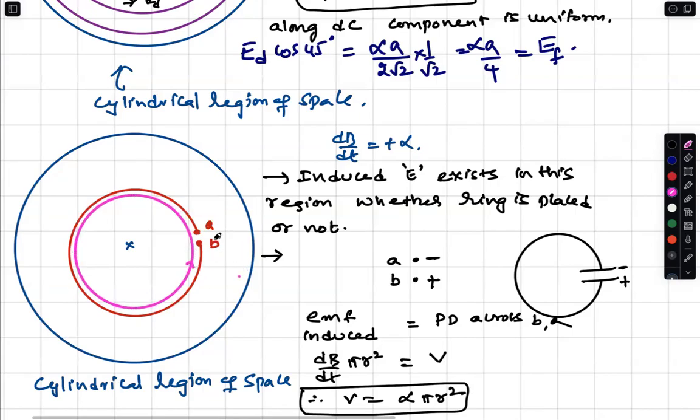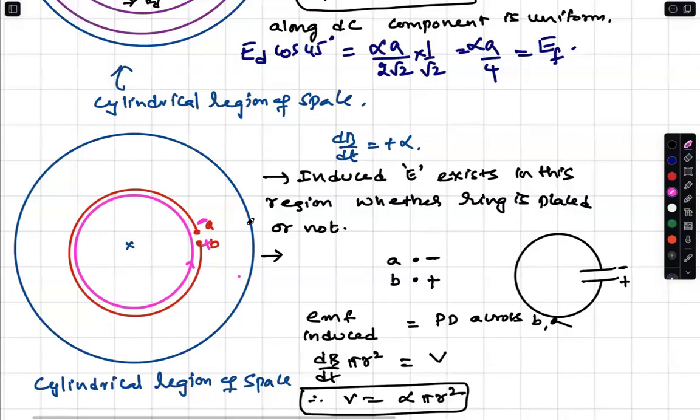What is the effect of these circles? These circular fields will drive electrons in the opposite sense. So all the electrons will accumulate at A to conserve charge. A positive charge will accumulate at B, which means if you create a slit, a small gap between A and B, there won't be any current flow.